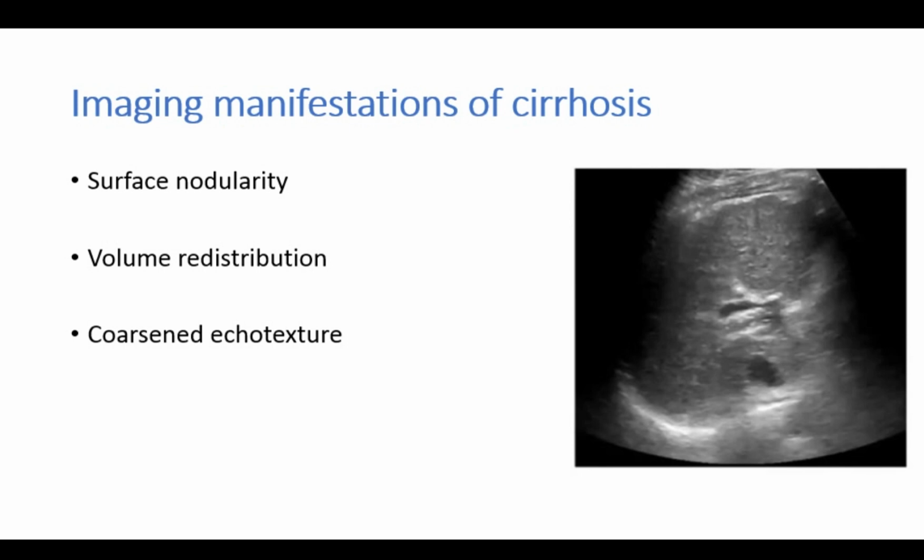Also, the parenchymal texture of the liver will change and become coarse, not smooth. Believe me, a lot of times the first one to diagnose cirrhosis is the ultrasonographer. Ultrasound is operator dependent, so if you have a good eye and good experience, you can detect liver cirrhosis at a very early stage.